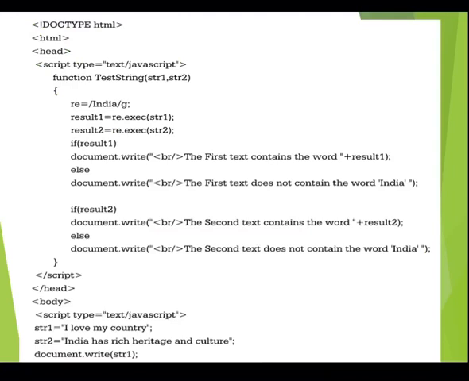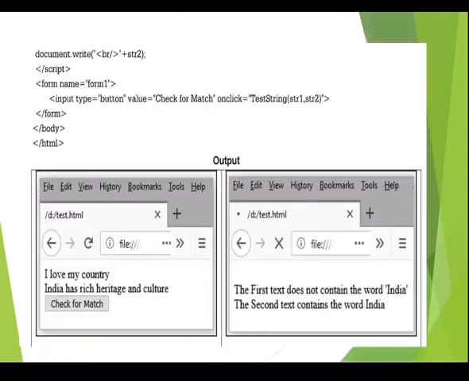So what we are going to do over here is, here we have two strings, that is I love my country, and second, see the output first. Okay, so here I have two strings.